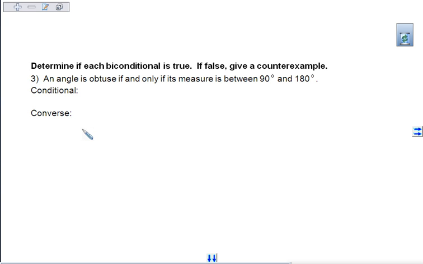And for the next problems, we want to determine the conditional and converse from each biconditional, and if it's false, give a counterexample. So on the first one, what is the hypothesis? An angle is obtuse. And what's the conclusion?